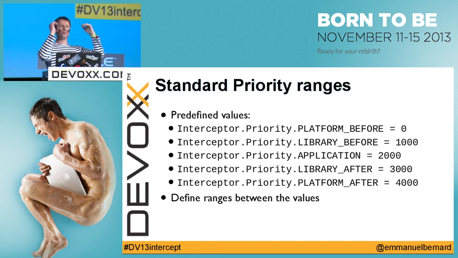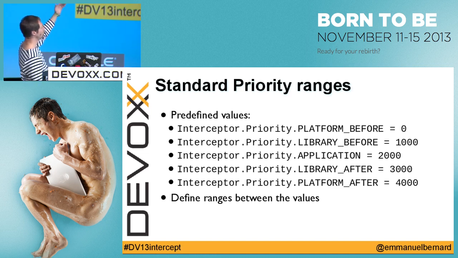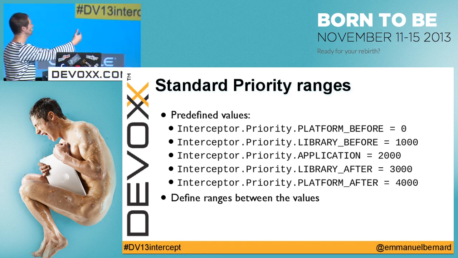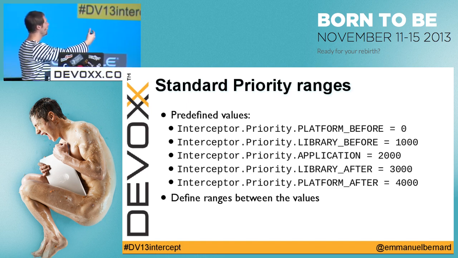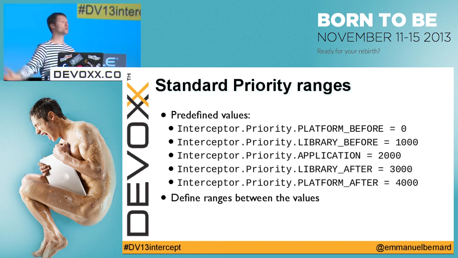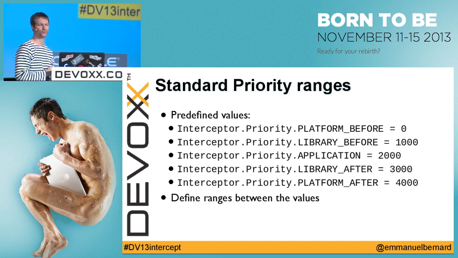The early interceptors of the platform should be between platform before and library before. If you have a library that extends Jakarta EE, go between library before and application. Application, do anything between application and library after. If you want to do something late as a library, you go between library after and platform after. And like bean validation, when you want to be as late as possible, you take platform after, and we added 800, which is almost the 1,000 kind of range jump. So we went almost to the end, but we left room for other people if there is a need.